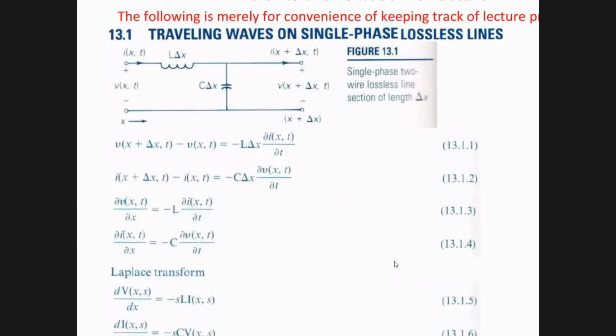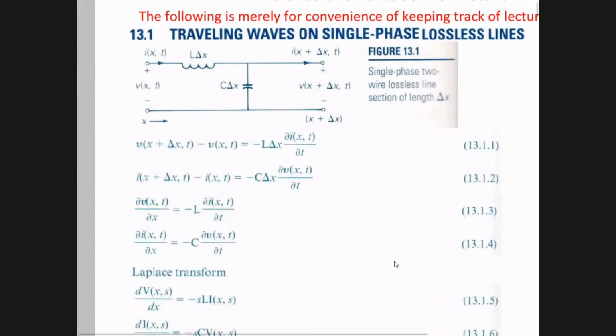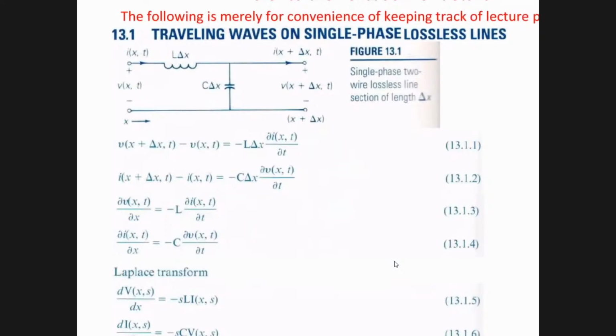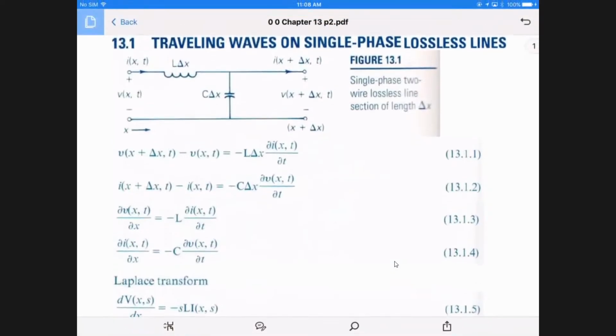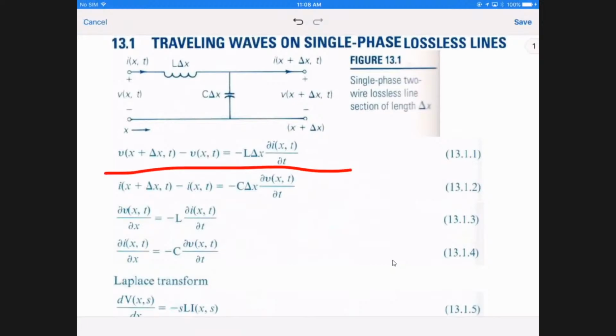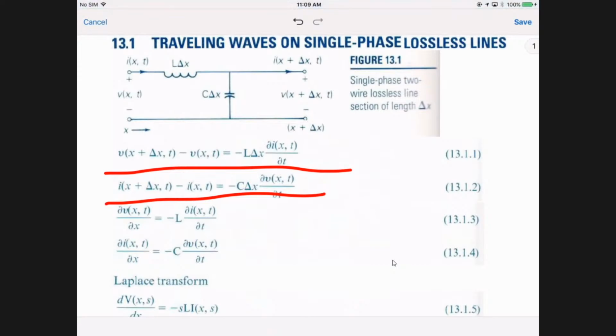From this chapter 13, we start to derive from here the discrete component: V equals L di/dt, I equals C dv/dt. We understand this, right?